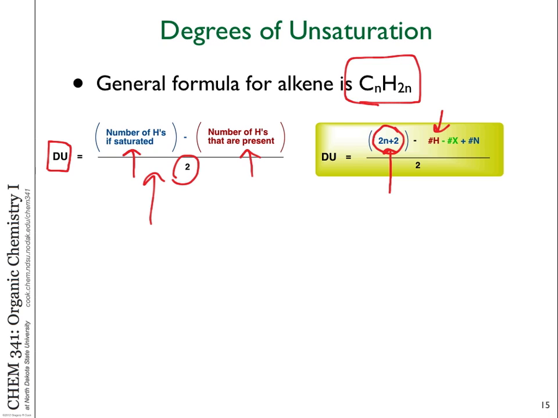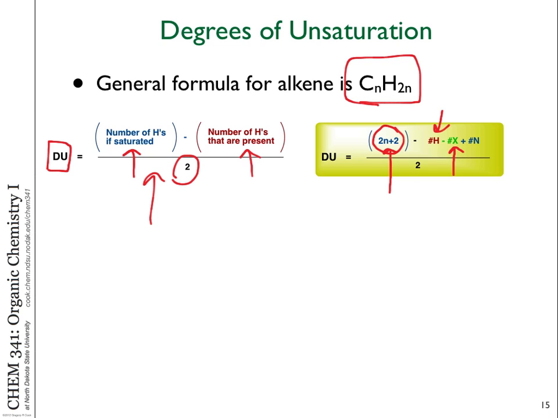But we have to adjust some things. If you have a halogen, chlorine, bromine, iodine, fluorine, how many bonds does a halogen make? 1, right? So if you have one of those in your molecule, it has taken the place of 1 hydrogen, but not by forming a pi bond or a ring. If you have a fluorine bonded, that's in place of a hydrogen.